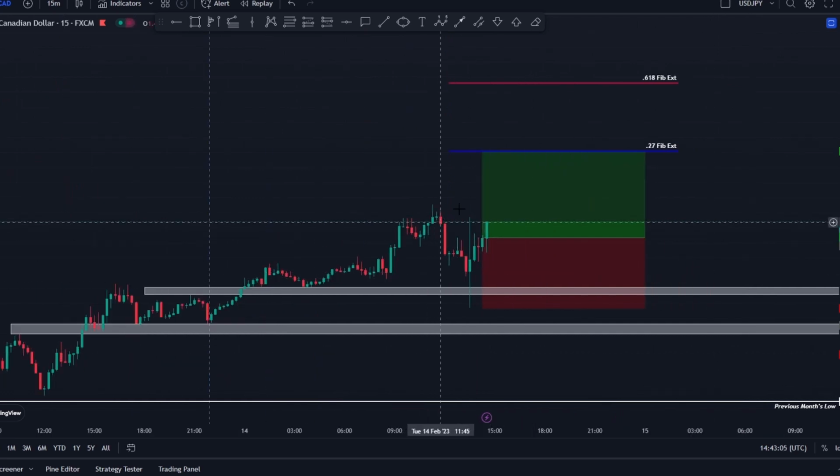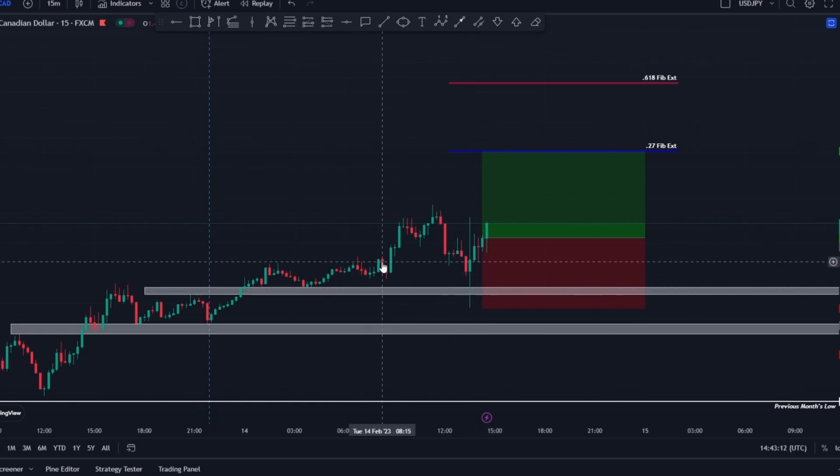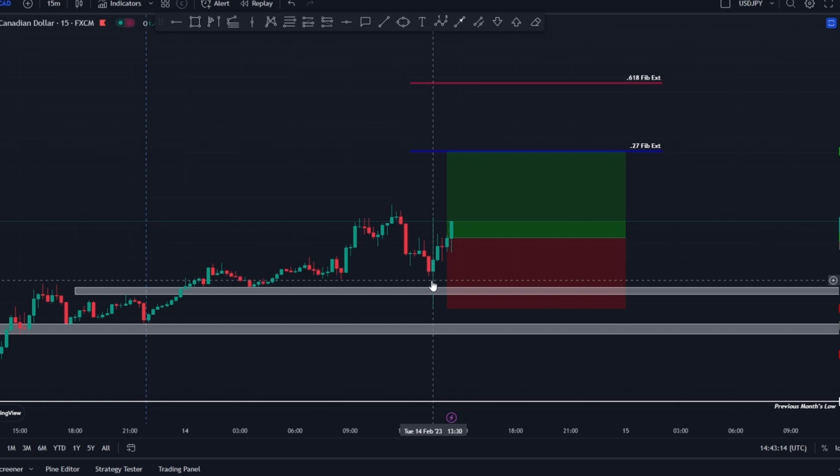We retraced to one of those levels that I was expecting the market to retrace to, and this was basically CPI, because it also has an overall effect on the other currency pairs, and clearly you can see we had that sharp movement when CPI dropped.